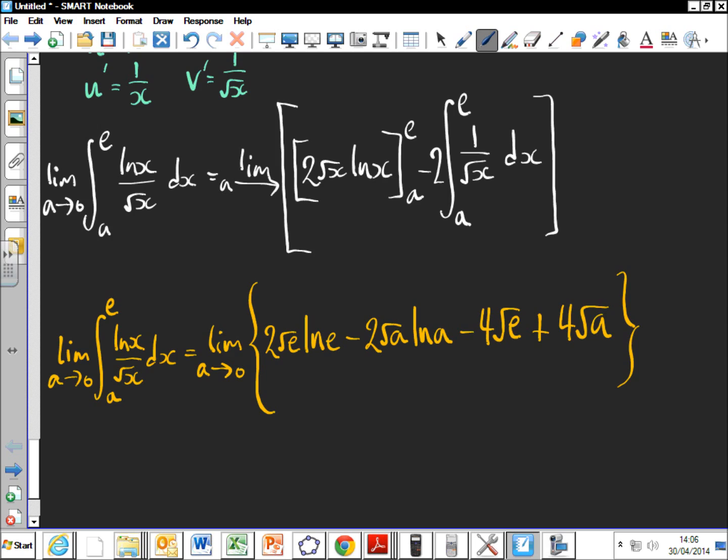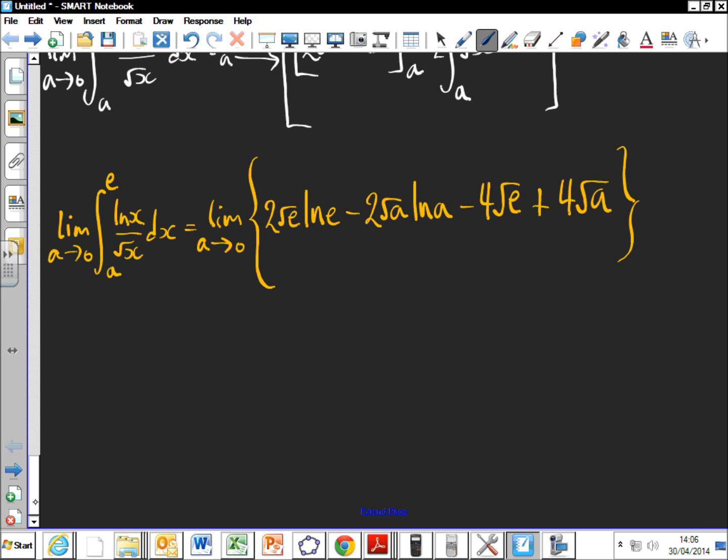It's not nice, right? So now I'm going to start just evaluating this. Now let's let a tend towards 0. Well, does this 2 root e ln e do anything? What's ln e? Yeah. So this is just 2 root e.